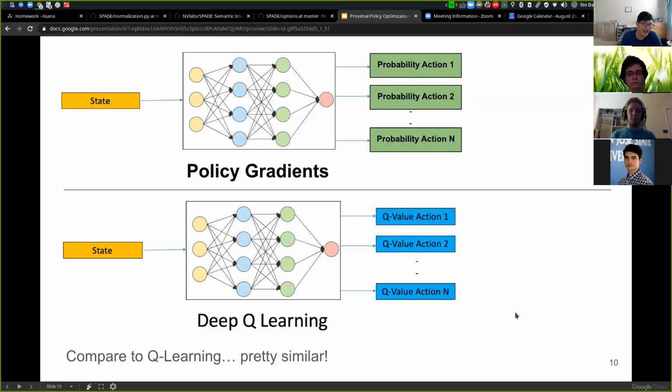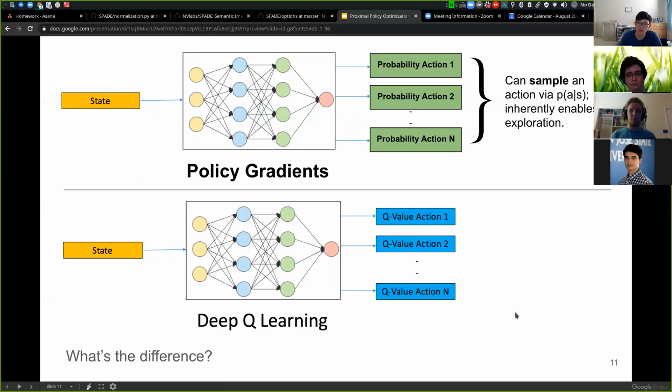So what's the difference between that and the probability of taking an action? They look kind of similar. The difference here is that because the top one is a probability, first we can sample an action via this probability of action given the state. And that inherently enables a little bit of exploration, because if you have some probability of doing this action, but not all the probability, you could sample some other actions, and you can just explore automatically using this method.